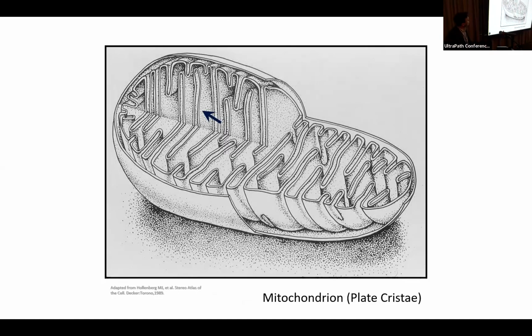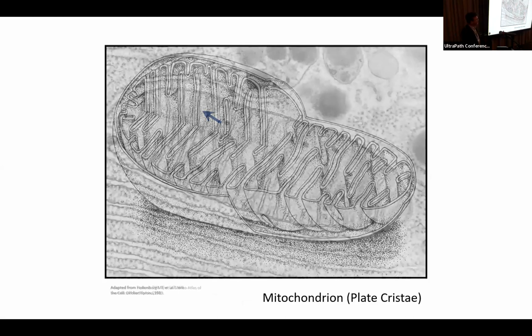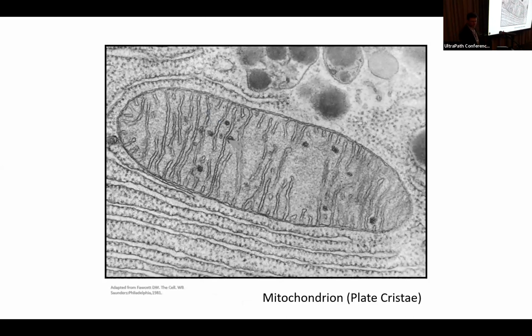Not going to spend too much time here, but moving on to the mitochondria, you can think of them as being in two different forms. First being those with the internal membrane cristae arranged like plate formations. Although in a plane of section this appears to be tubular, your 3D reconstructive vision will remind you what it really looks like.